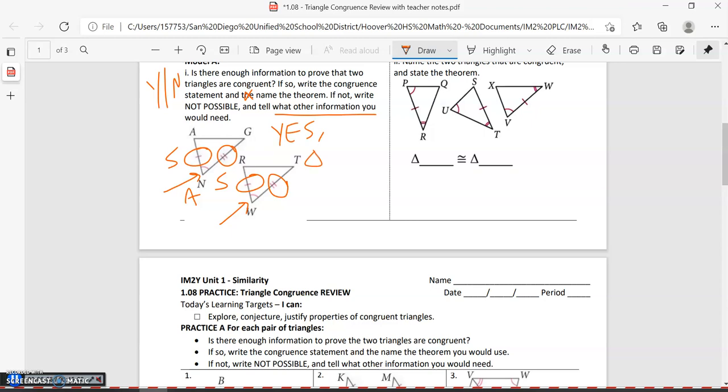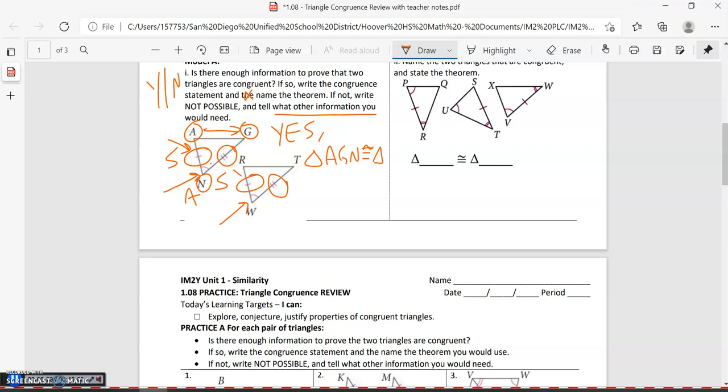triangle, I'm going to name it randomly, AGN. So triangle AGN is congruent, that's a squiggly line, I'm running out of space, to triangle. Okay, so I did A first. A is next to my one line side, going towards my two line side.